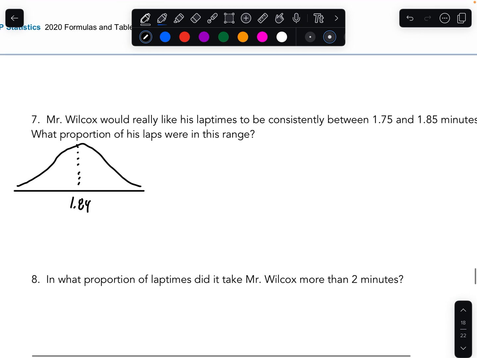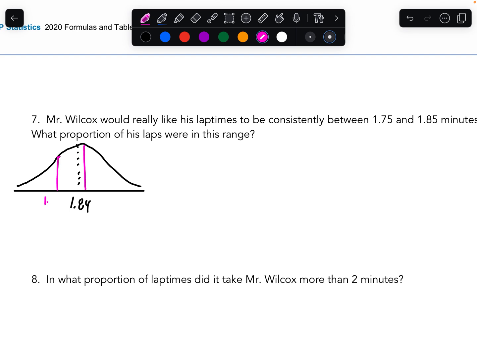He would like his lap times consistently between 1.75 and 1.85. So 1.75 would be under 1.85, very close to this. So we want all that space in there, so we're going to have to do both those z-scores. So z for 1.75, and then we'll do z for 1.85.